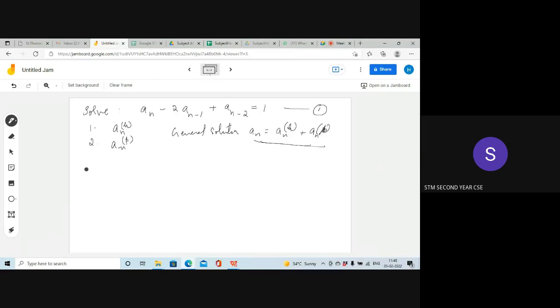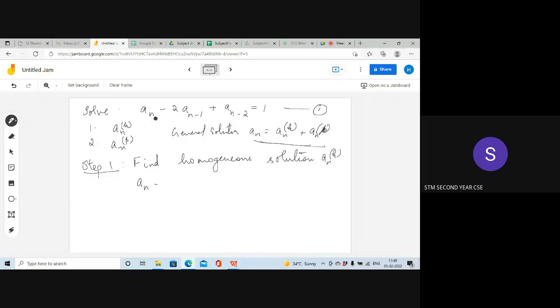So step 1, we are going to find the homogeneous solution a_n^(h). To find the homogeneous solution, we had done examples earlier.